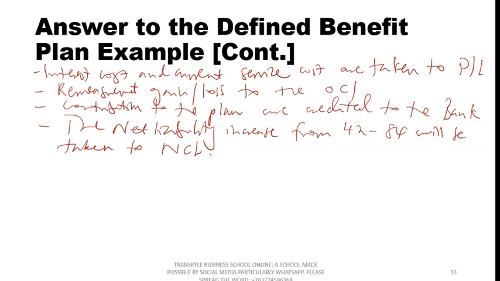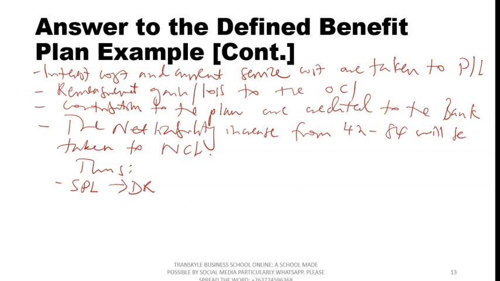So in short, for the SPL, statement of profit or loss, we are going to have expenses. We debit the SPL with the expenses of interest cost and the current service cost.